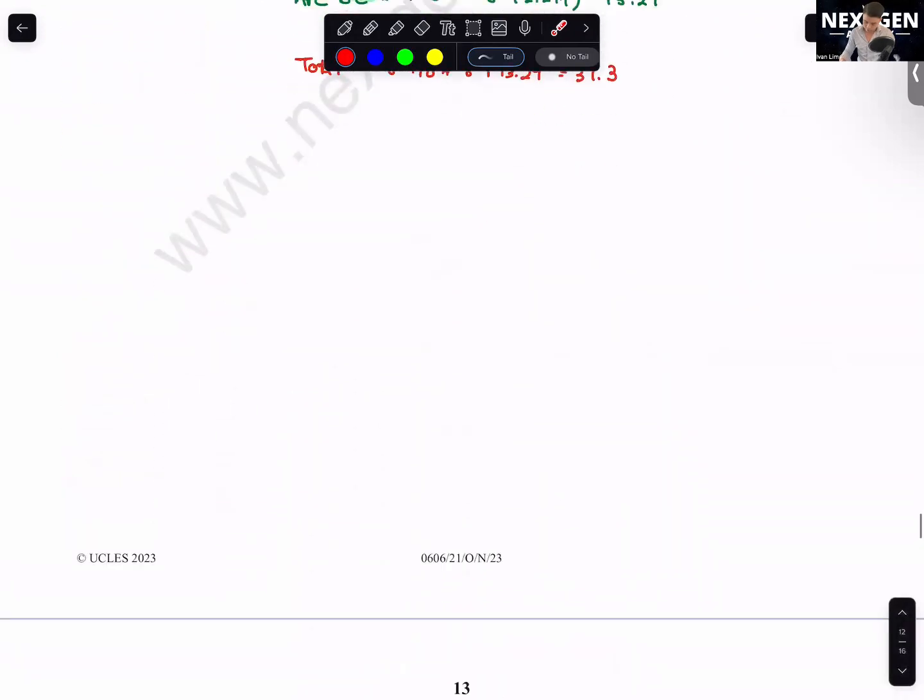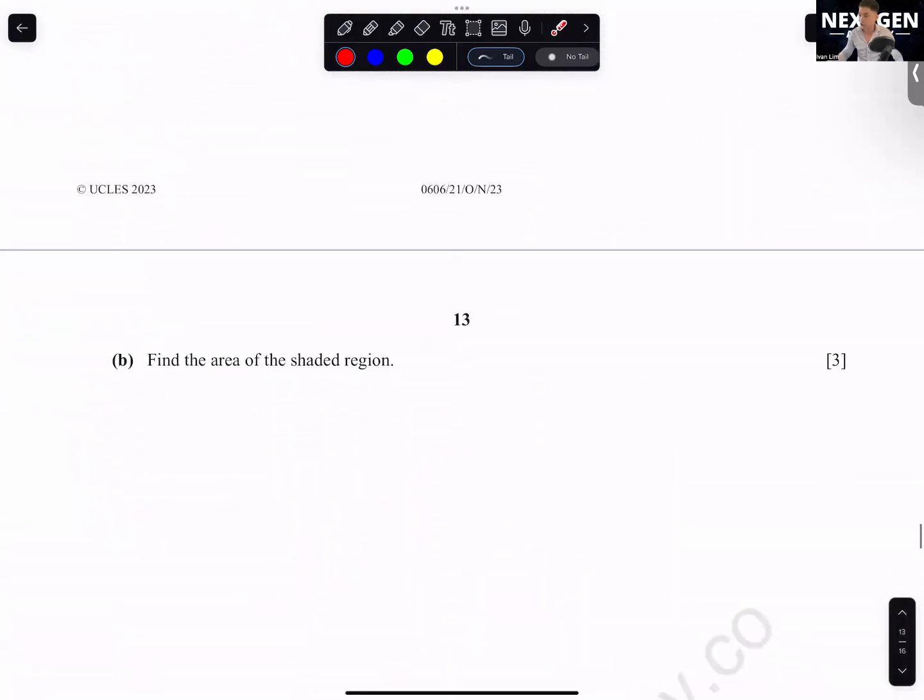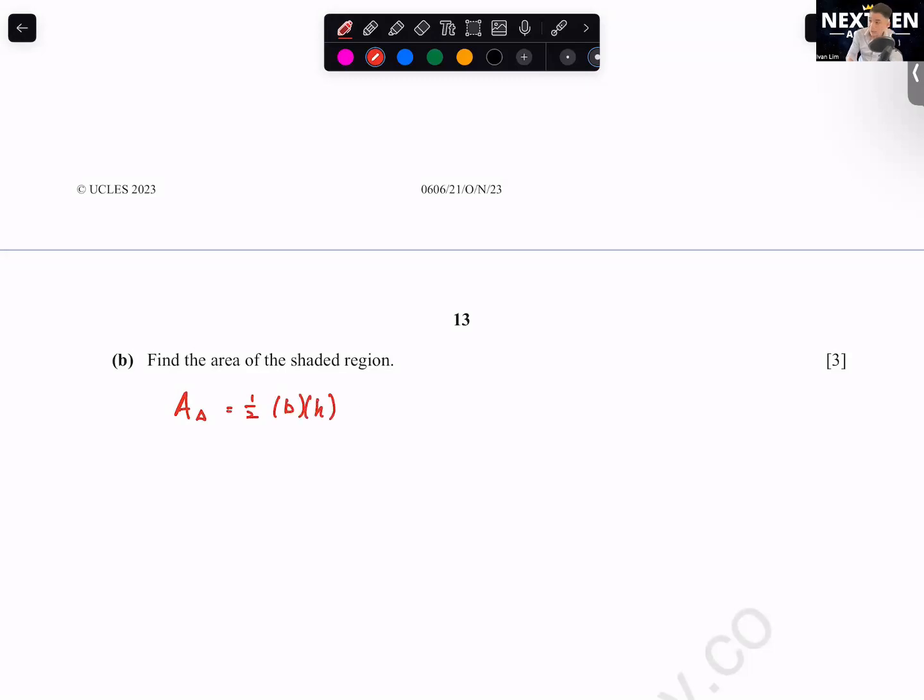Okay, next one. Find the area of the shaded region. We have to find the area of the triangle first. So area of triangle, we just use half times base times height, which is 1/2 times 6 times 8 equals 24.